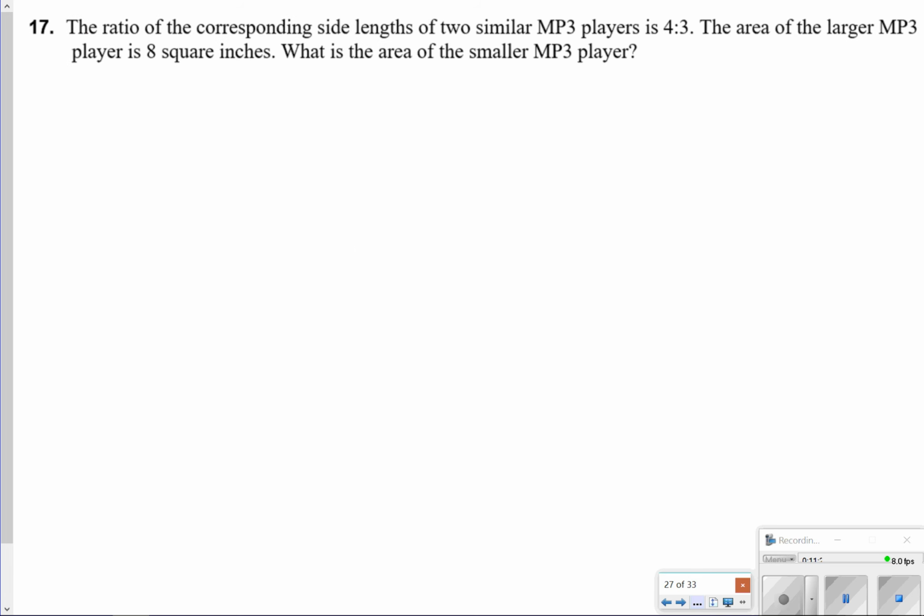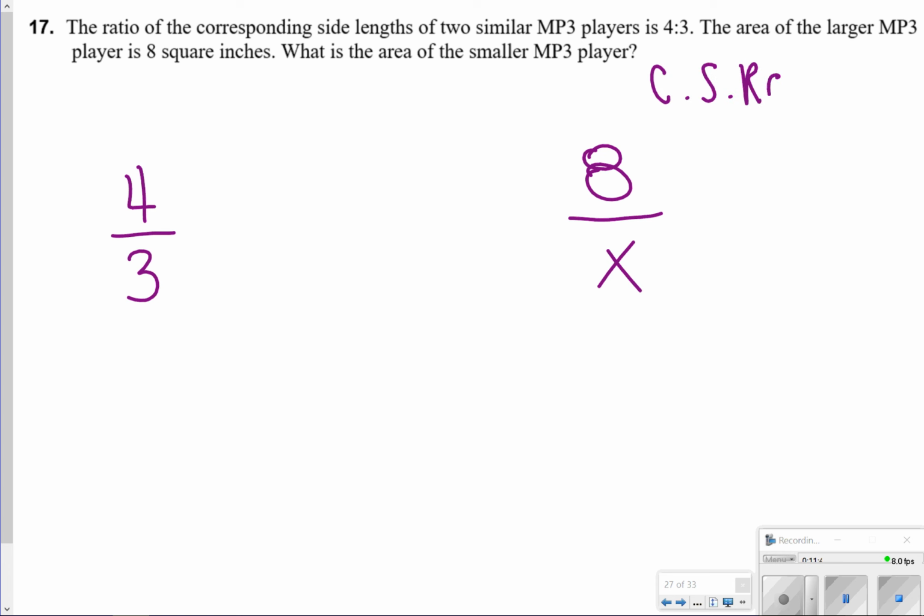The last one was a bit challenging. You have the corresponding side lengths of the MP3 player as 4 to 3. And the larger MP3 player is 8, and we're just trying to find the missing piece here. What we do know is that whenever we have the corresponding sides ratio, to find the area ratio we're going to square it.